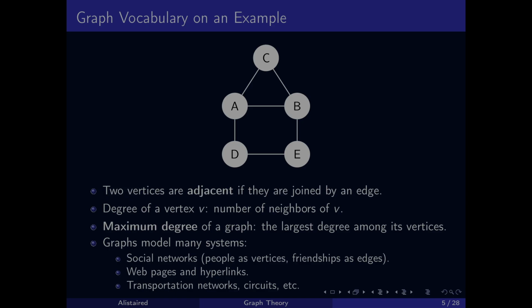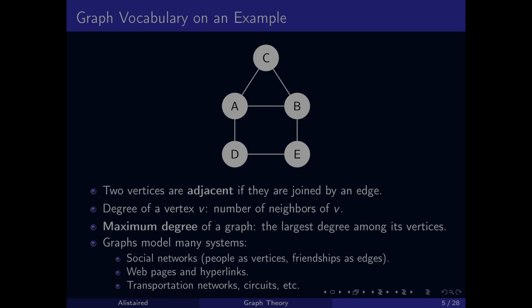The degree of a graph, or the maximum degree of a graph, is the largest degree among its vertices. It is very important because we usually use the degree of a graph or the degrees of vertices to prove many properties and theorems about graphs in general.